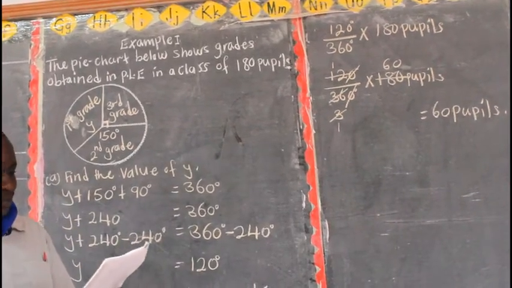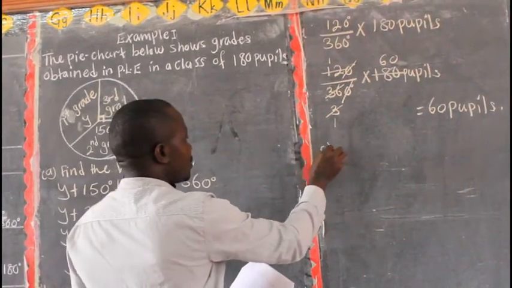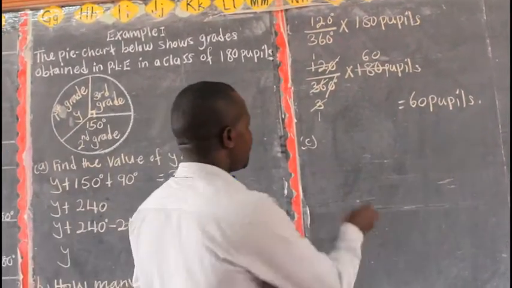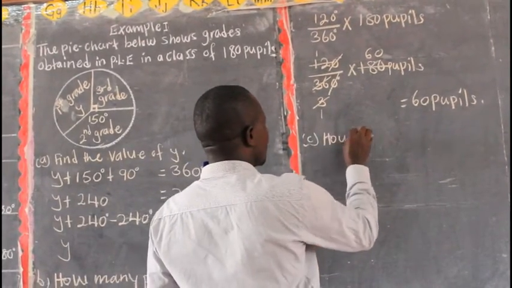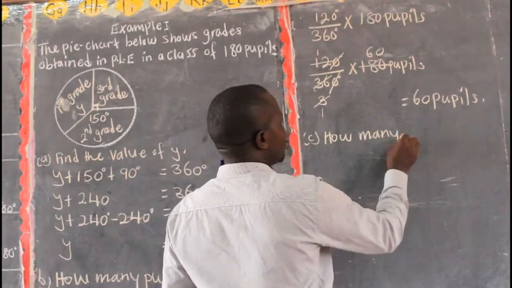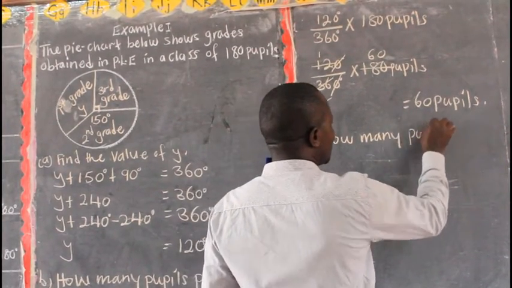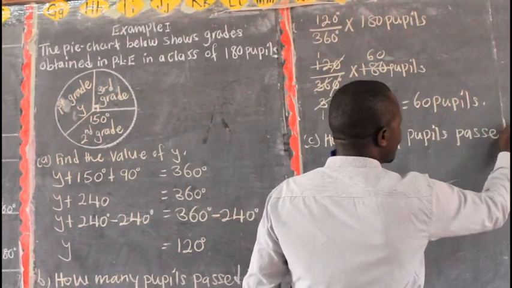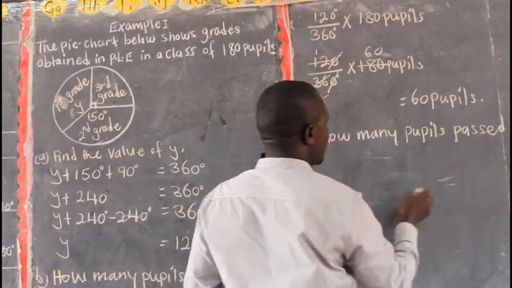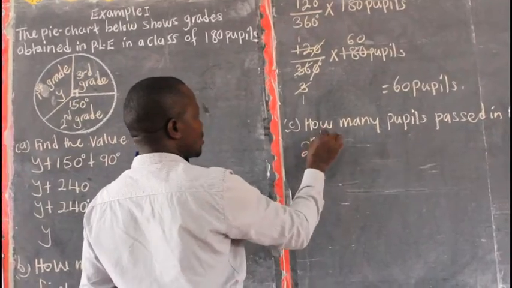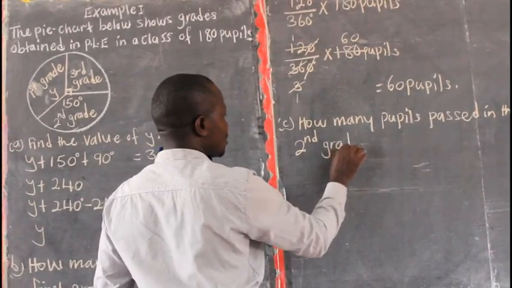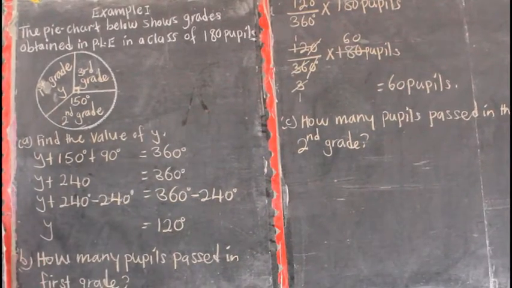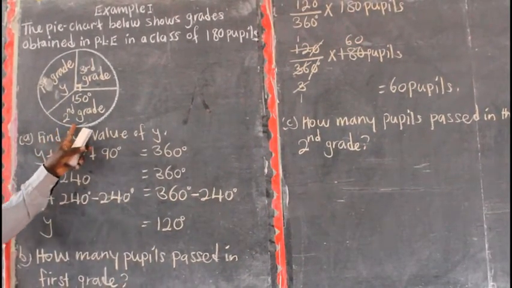Part C. How many pupils passed in the second grade? So you have the pie chart here.